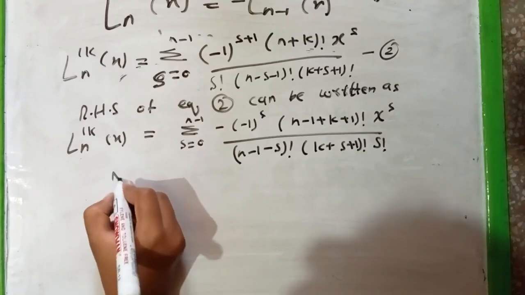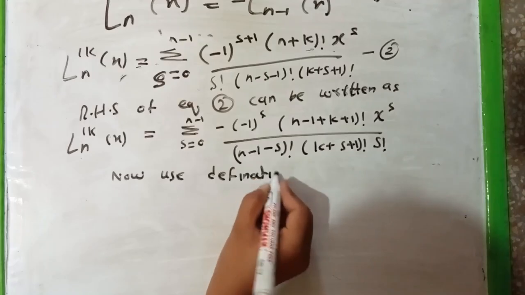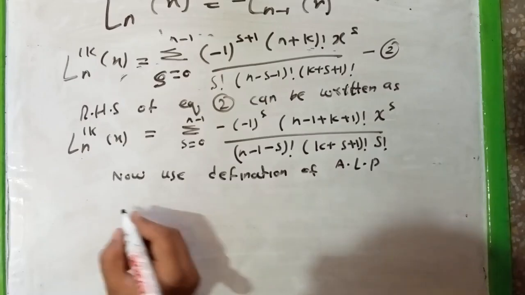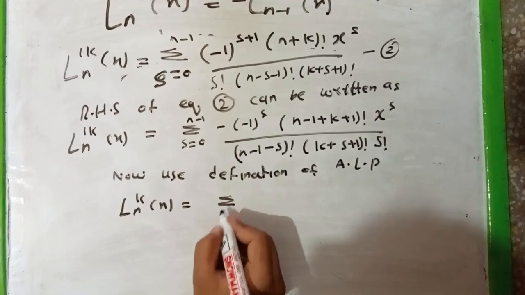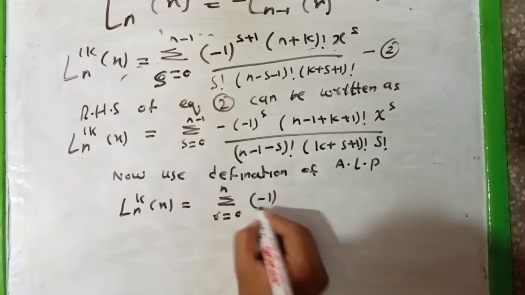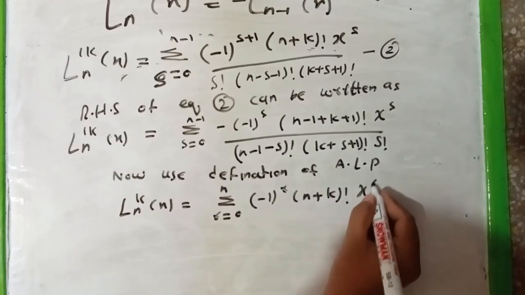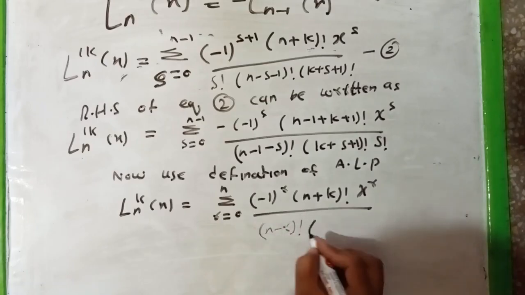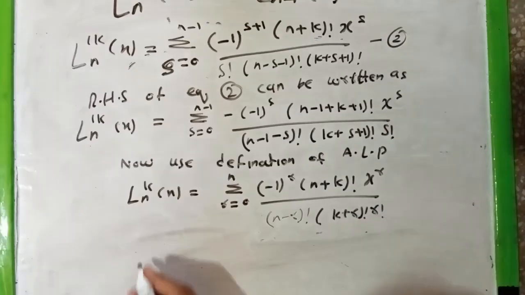Now use the definition of the associated Laguerre polynomial, which is L_n^k(x) is equal to the summation over r from 0 to n of (-1)^r (n+k)! x^r over (n-r)! (k+r)! r!.